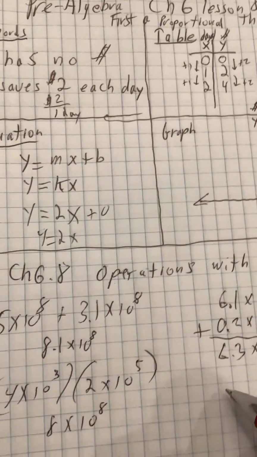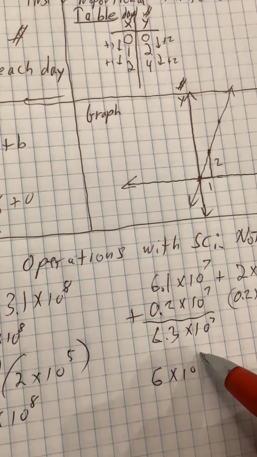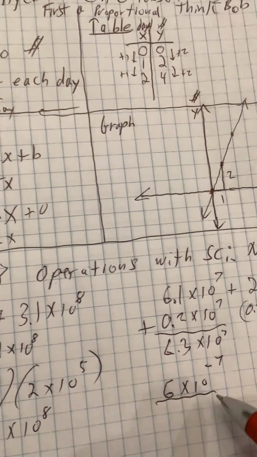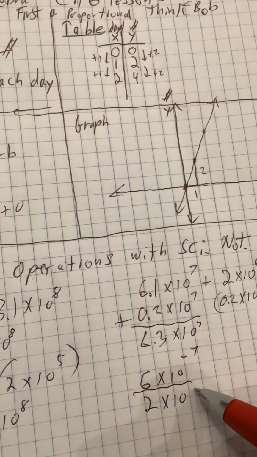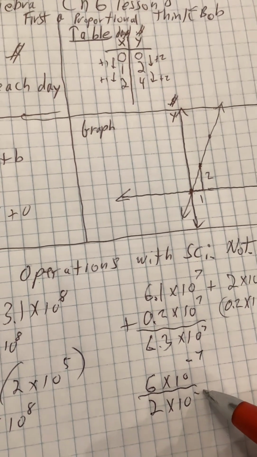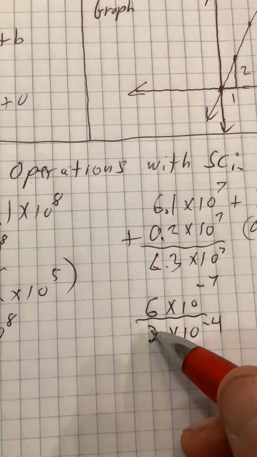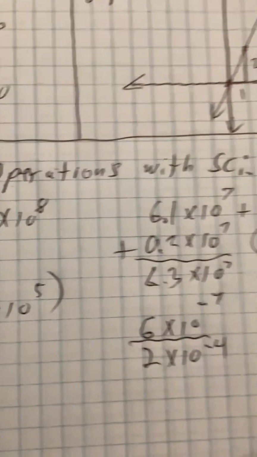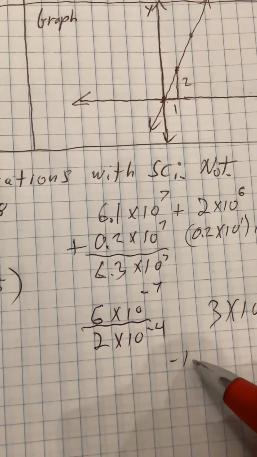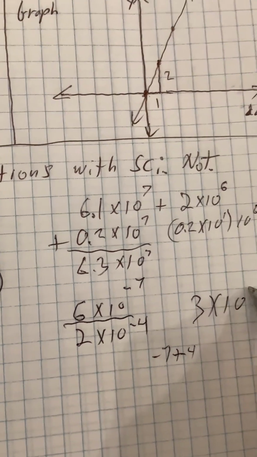And dividing: 6 times 10 to the negative 7th divided by 2 times 10 to the negative 4. 6 divided by 2 is 3 times 10 to the, and negative 7 minus negative 4 becomes plus, so you get negative 3.